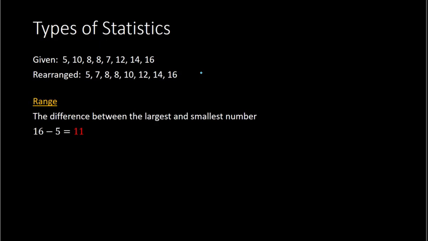Another type of statistic is what is called the mean. The mean is just another name for average. So if you were to find the average of a list of numbers, you find that by adding all these numbers together, so 5 plus 7 plus 8 plus 8 plus 10 plus 12 plus 14 plus 16, and then divide by the total number of numbers we are adding together. So we're adding 1, 2, 3, 4, 5, 6, 7, 8 numbers.